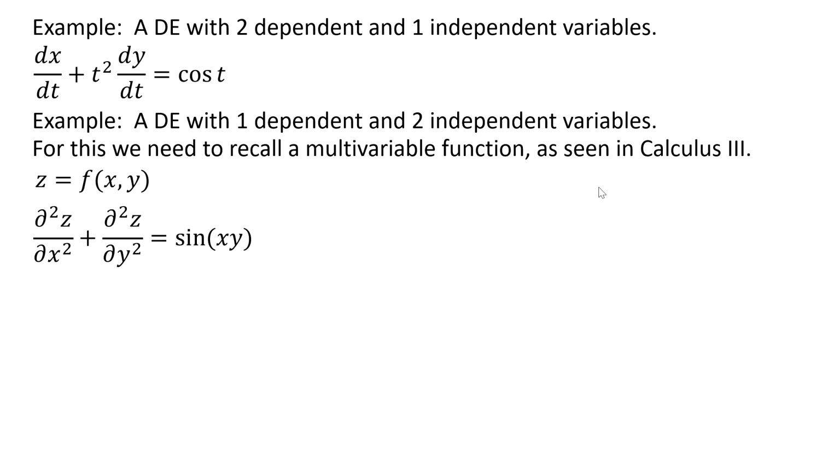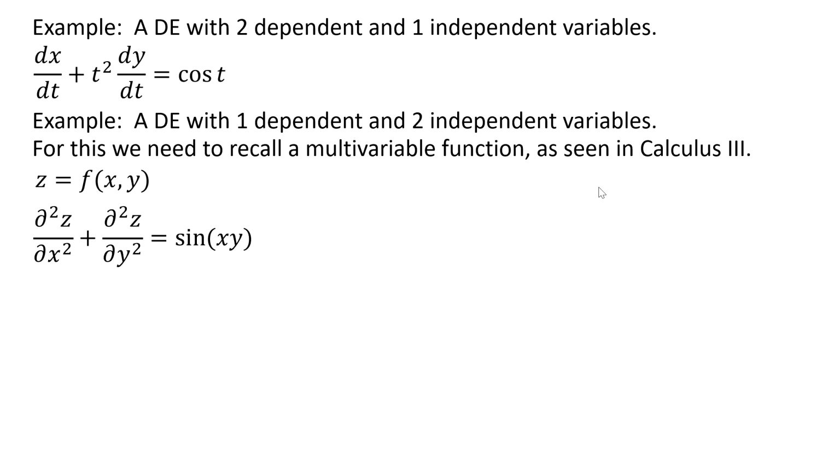Or in India, in fact, I have seen some other people from other countries too, they read that as dou square z, dou x square, instead of d square z dx square. But in America, at least my advisor always called it a second partial z with respect to x, and that's what I always do.